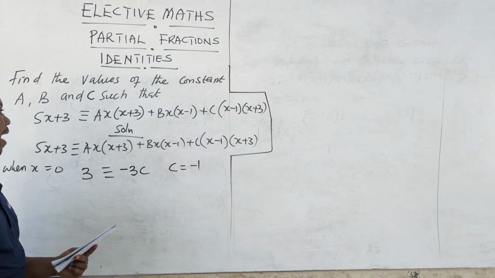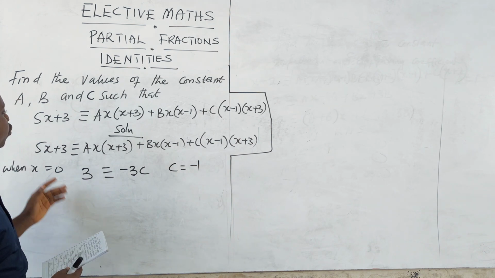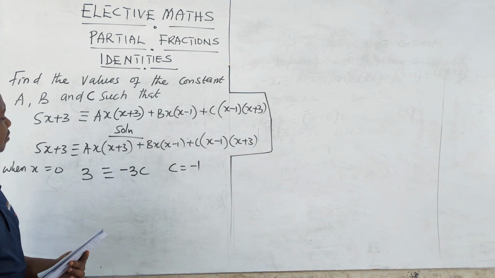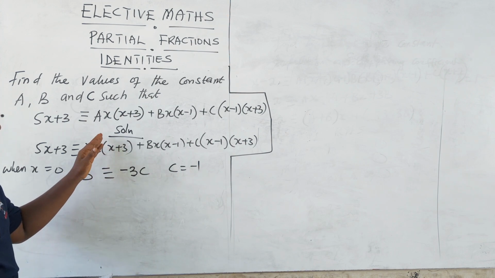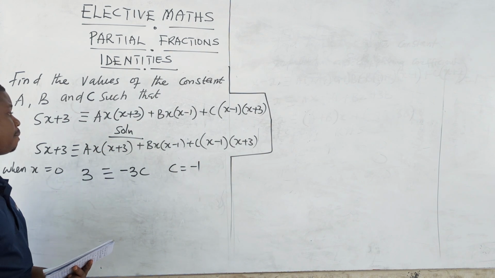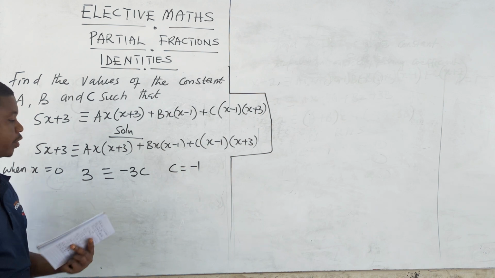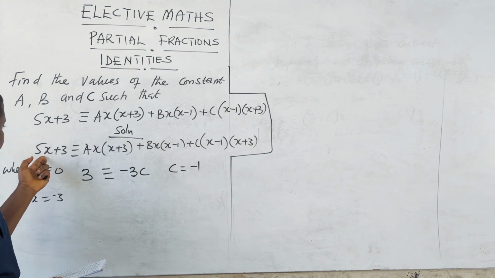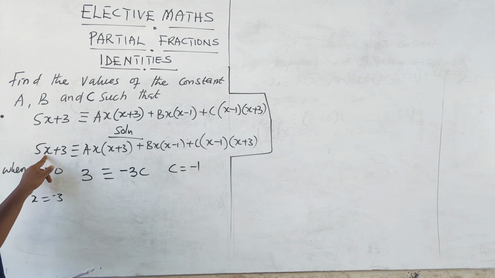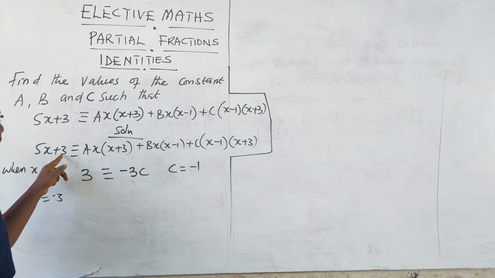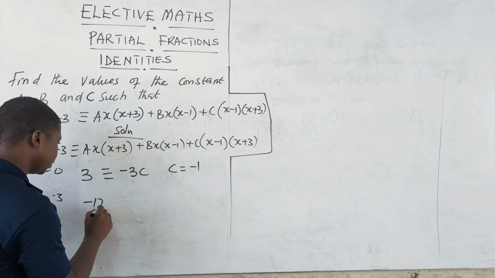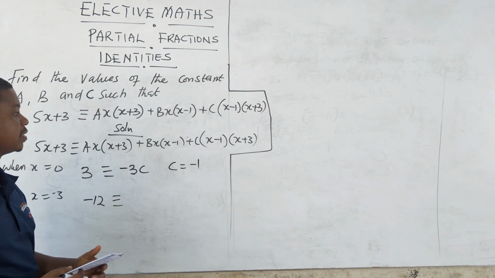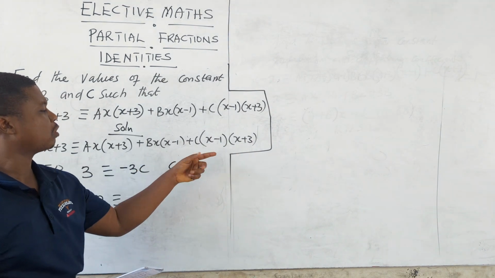So having gotten our c to be negative 1, through the same way we can find our a and b. And looking at this, we can eliminate a by making x to be negative 3. So when x equals negative 3, we have negative 3 times 5, you have negative 15. Negative 15 plus 3, you have negative 12, which should be equivalent to... So put negative 3 here, everything will make this one 0, then this one also be 0.